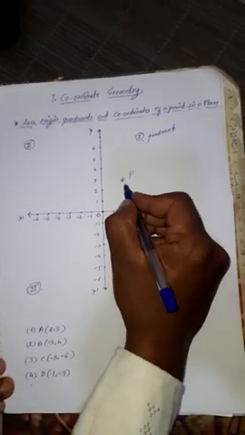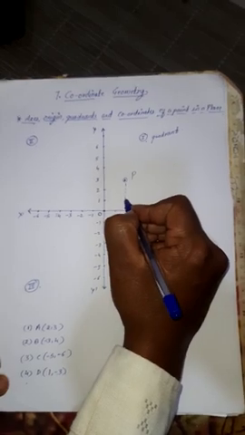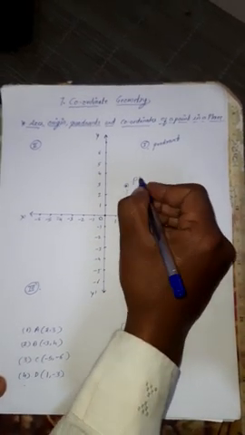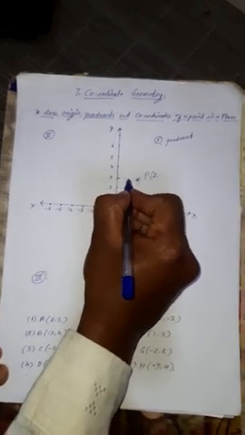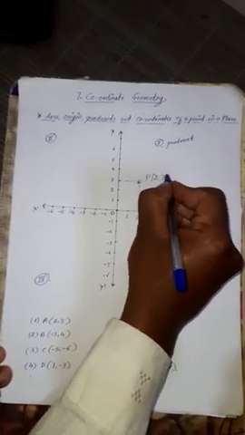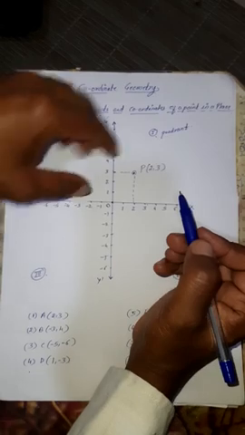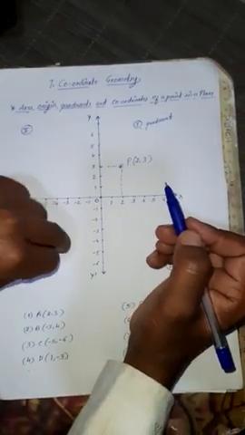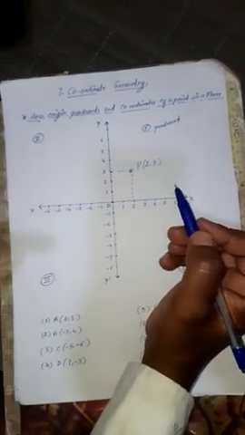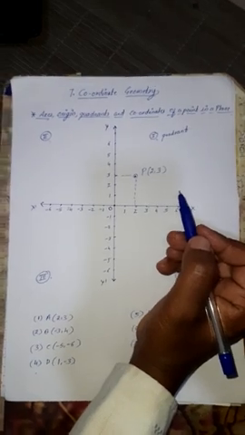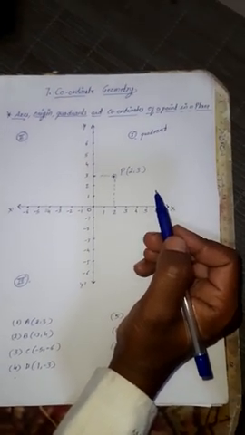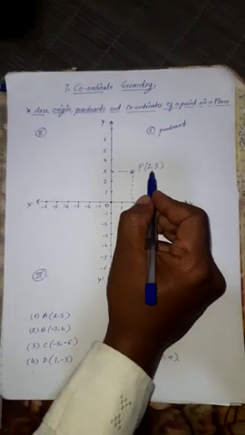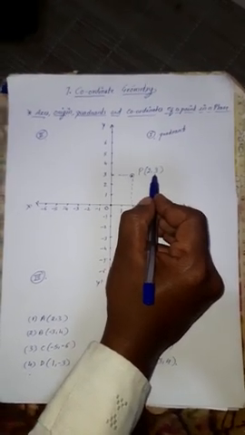What is the x coordinate? If you draw a perpendicular from point P, here the x coordinate is 2 and the y coordinate is 3. So in these quadrants, whenever we take points, each point has two coordinates, the first is called the x coordinate and the second is called the y coordinate.